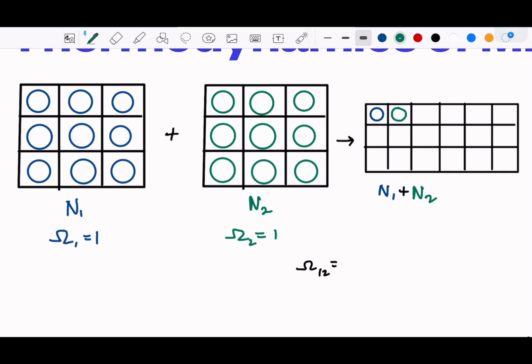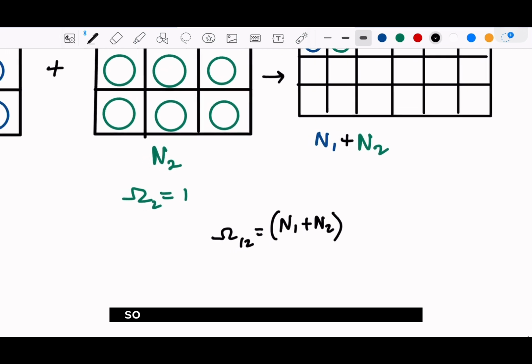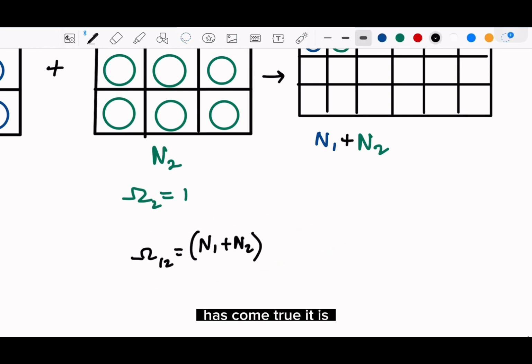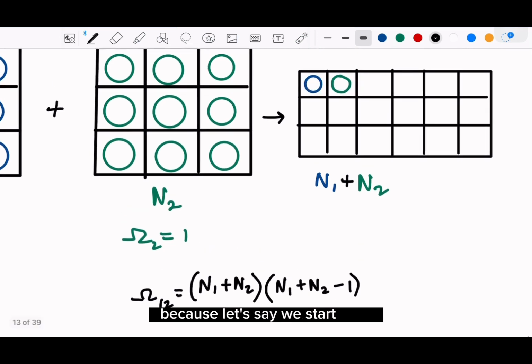So we take N1 plus N2. So the probability on how this microstate comes true is, then the next part is we take N1 plus N2 minus 1. Because let's say we start from 1, we already have empty space.